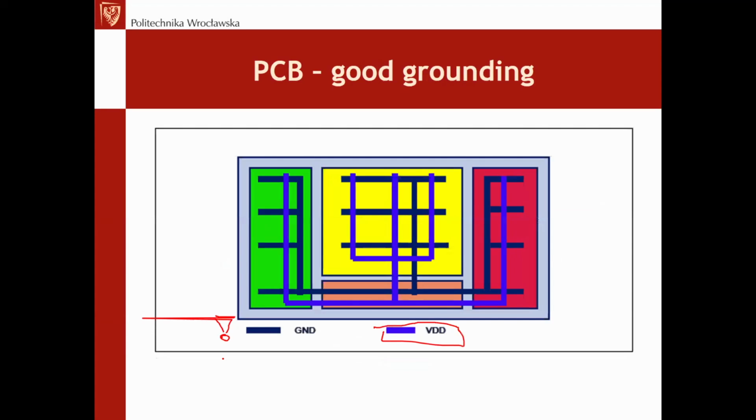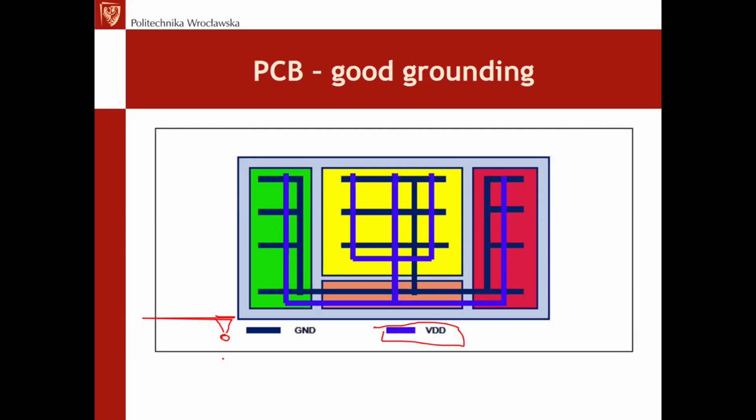The ground is sometimes omitted at first. The trap that beginners especially fall into quite often is that you leave VDD and ground for the end of the PCB routing. First you start with component placement, then you route the signals, because there are many more signals.